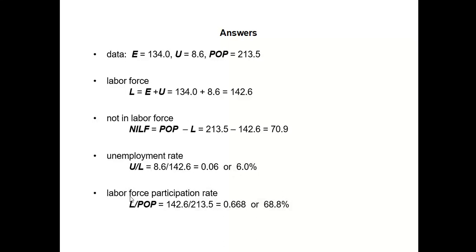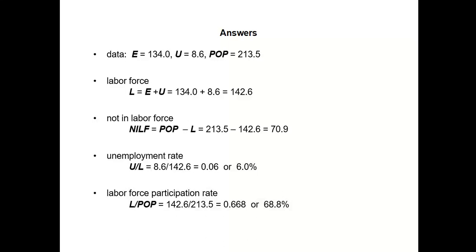Next is the labor force participation rate. In order to find the labor force participation rate, we have to divide labor force by population. So labor force is 142.6 divided by population, that is 213.5, that is 0.668, and if we multiply it by 100 we get 68.8%, that is the labor force participation rate.